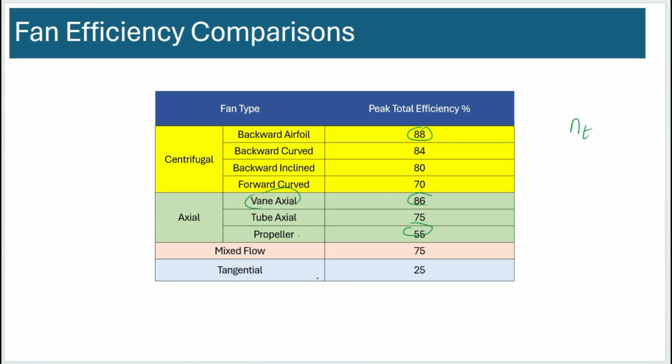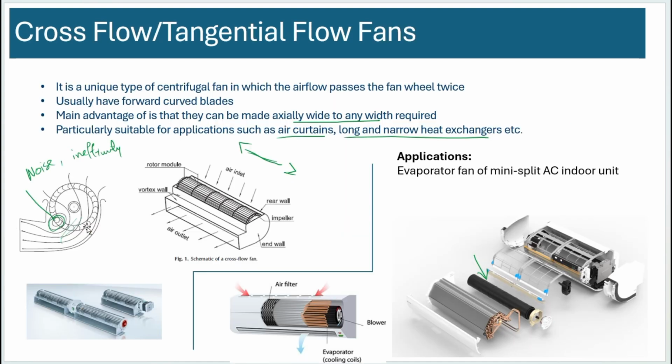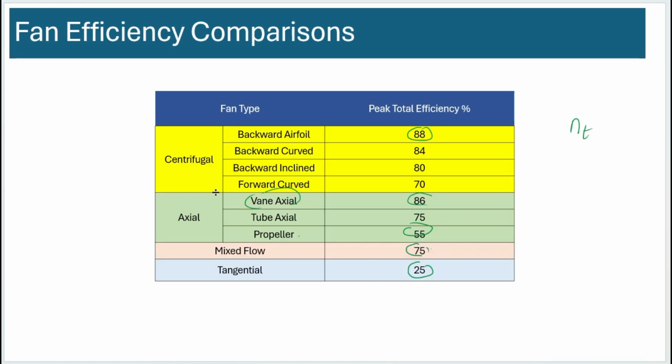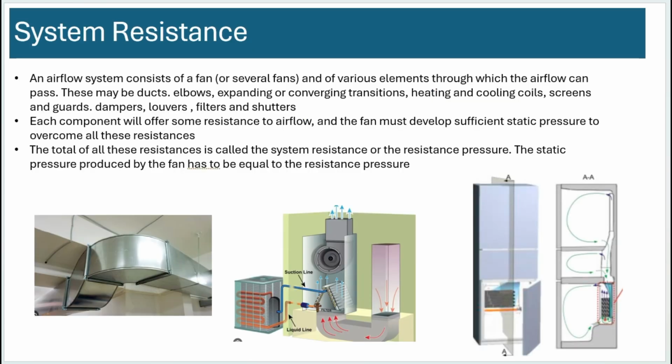You can see the mixed flow is also not that bad, but the tangential one, it's really bad. It's the one that I was talking about here. It's full of turbulence. The only benefit to this is its particular geometric features. Okay. All right. Now let's look at system resistance.